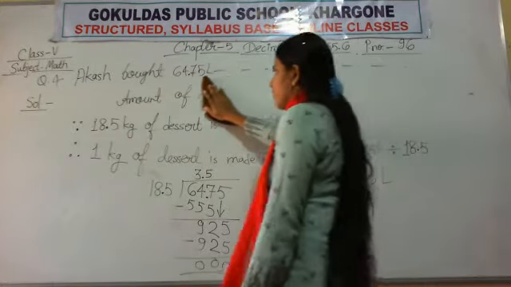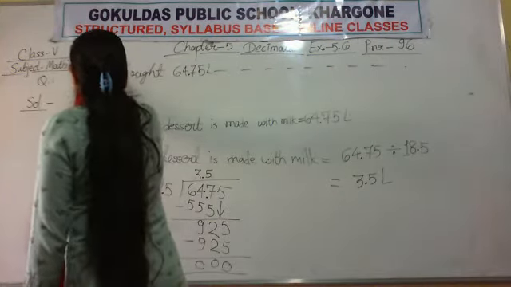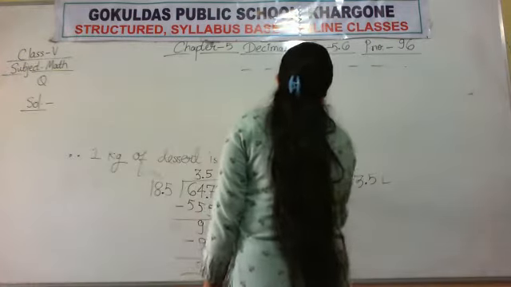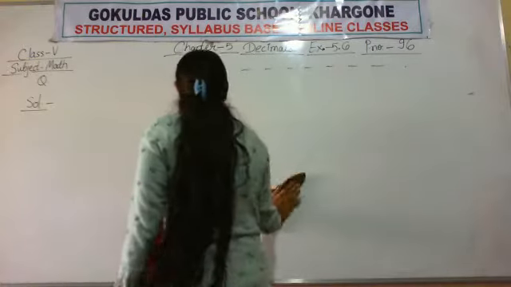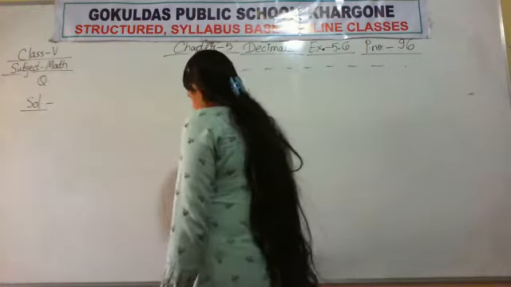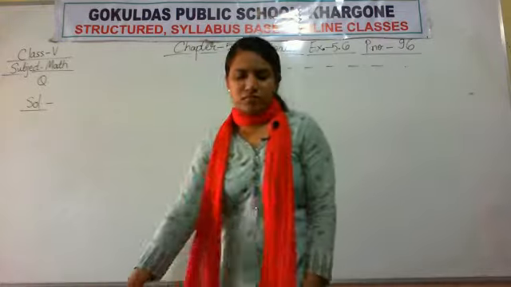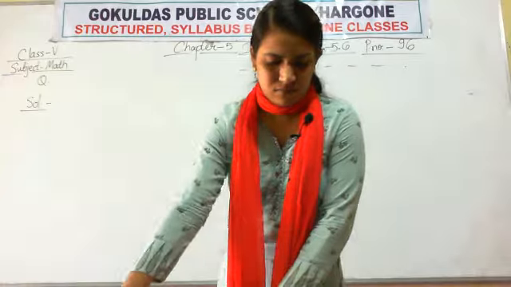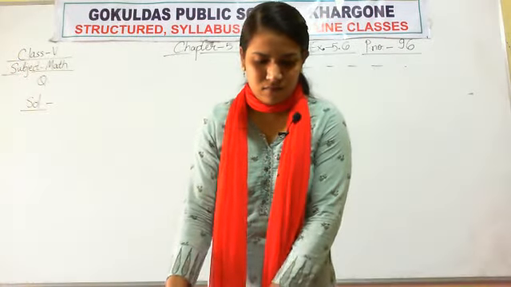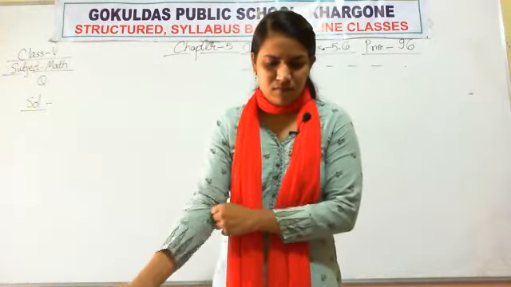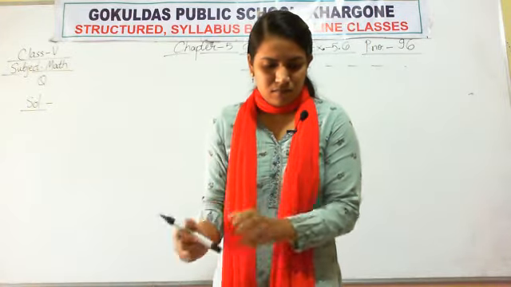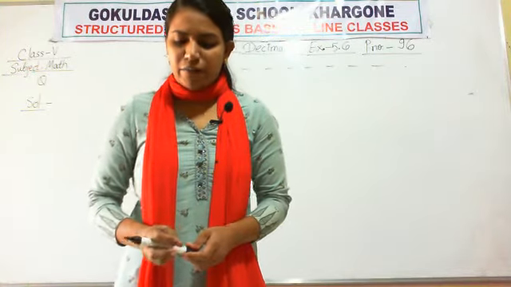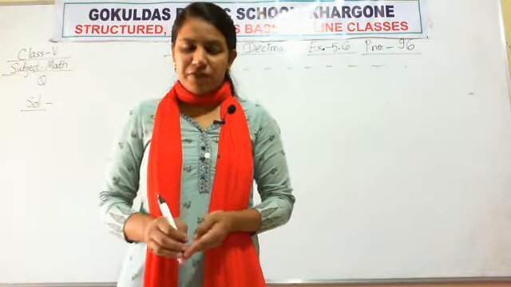Now question number 5. A train covers 220.55 km in 5.5 hours.